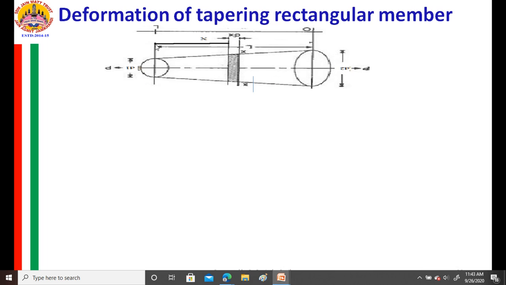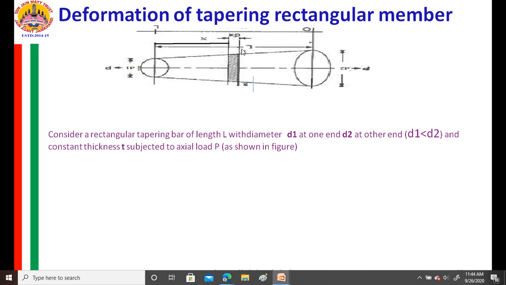We are considering a small elemental length dx at a distance x, so that in this part the area is almost constant. D subscript x is the depth here. The same thing we are repeating here.